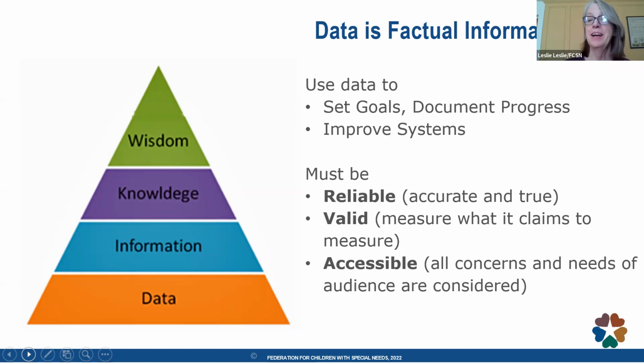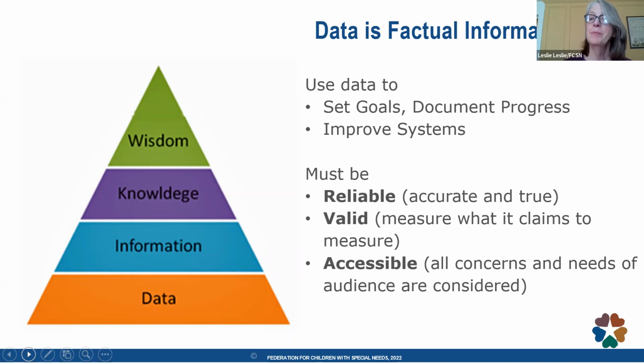And we can get data from lots of different sources. We just need to make sure that it's valid and it measures what it claims to measure. And especially when we present data to different audiences, we want it to meet the needs of the audience, so that it's really accessible for them.